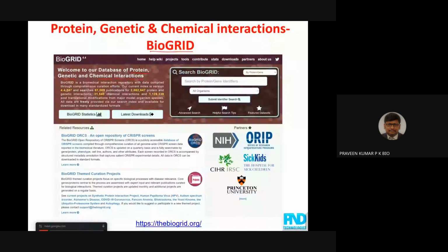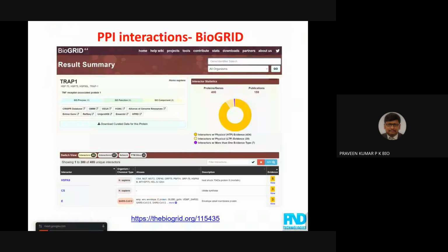Many institutes are helping as partners to increase the data in this database. It is also a useful database, and PPI interactions can be found in BioGRID. If you search a particular target, like the heat shock protein I initially mentioned, also called TRAP1, type any keyword and it can search similar information.